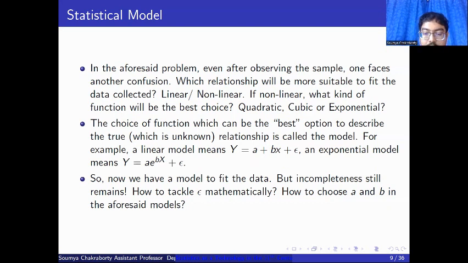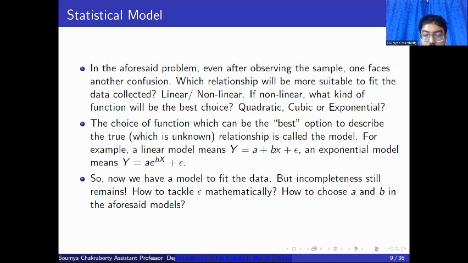Okay. So now we have described the mathematical tackling of the function f more rigorously, that is about its shape. But there is another term remaining which has to be taken care of. That is this fluctuation term epsilon. So this was incorporated to tackle the fluctuation among heights and weights of different people of the same height.